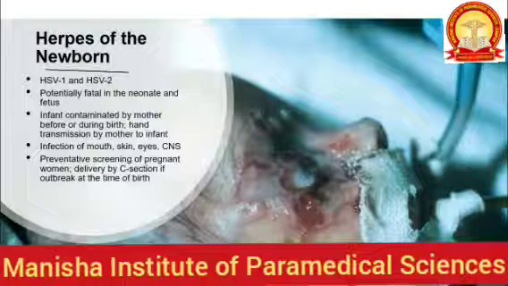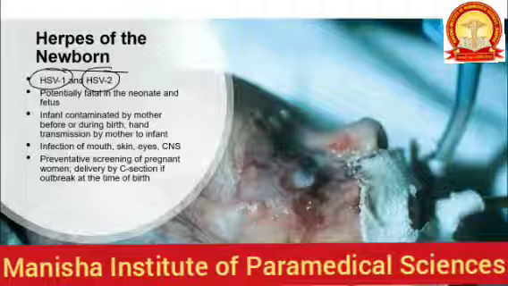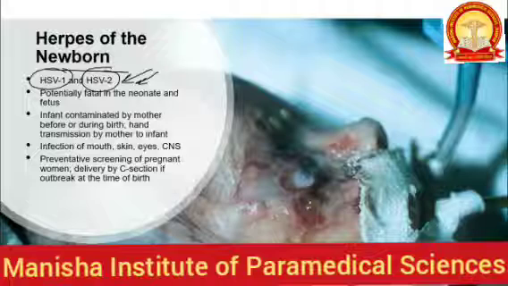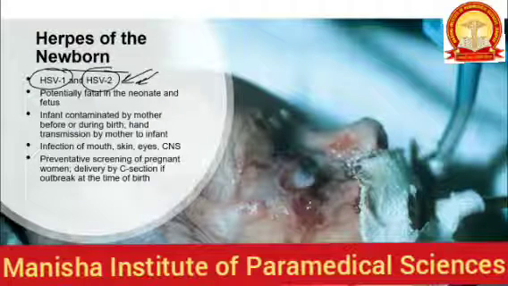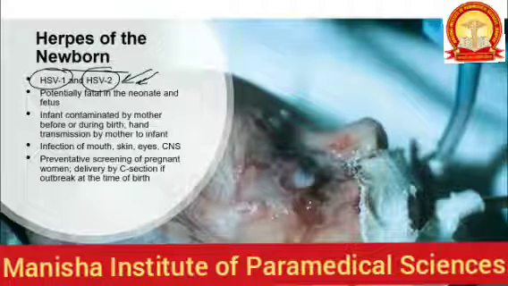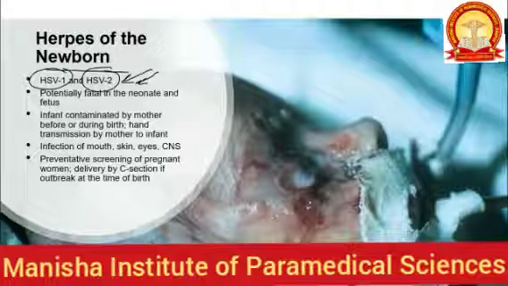Herpes of the newborn. HSV1 and HSV2 both can be responsible, but mostly HSV2 because of its genital transmission. If the cervical canal is infected with HSV2, then this is potentially fatal for the neonate and for the fetus as well.